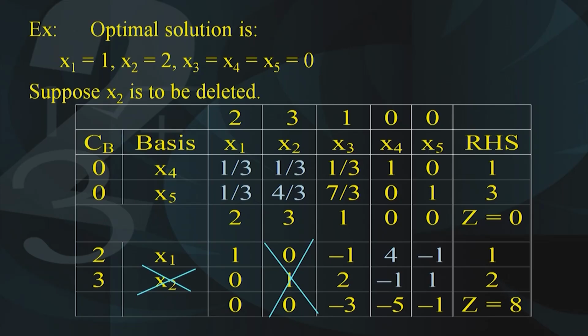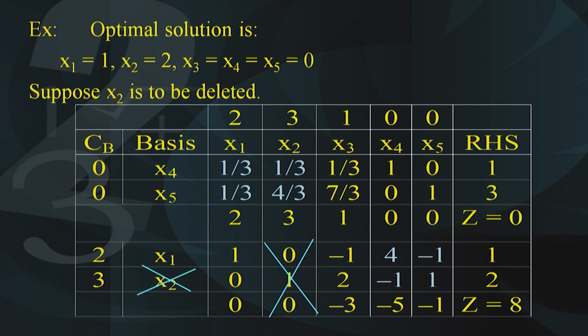Let us take an example. Now, the optimum solution is x1 is equal to 1, x2 is equal to 2, x3, x4 and x5 are equal to 0. Now suppose x2 has to be deleted. So what do we do?